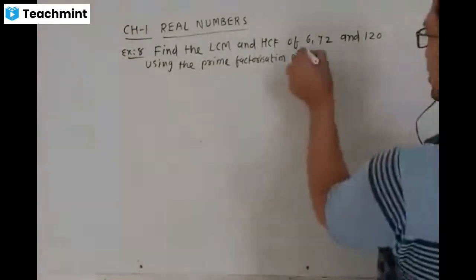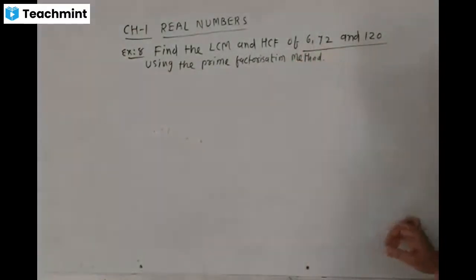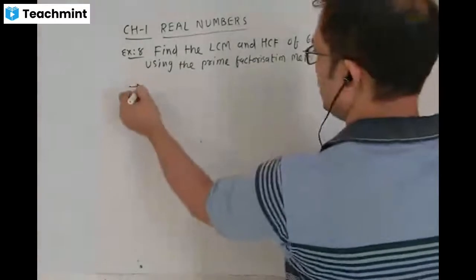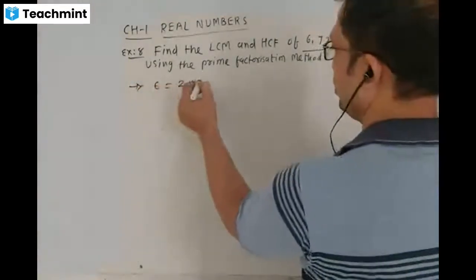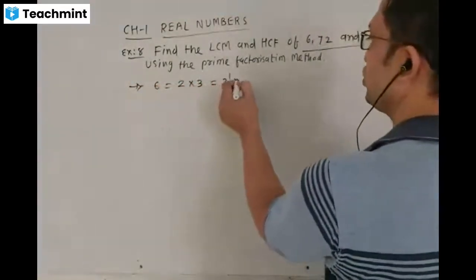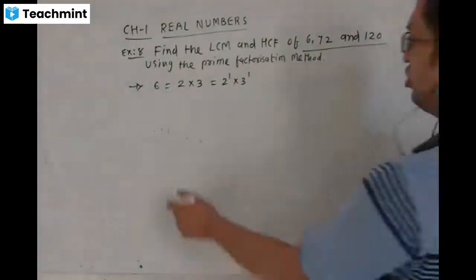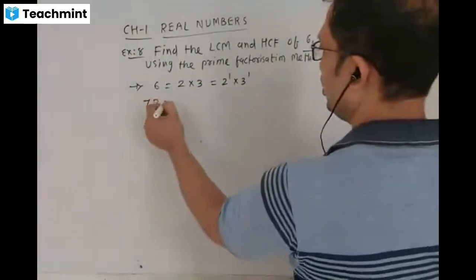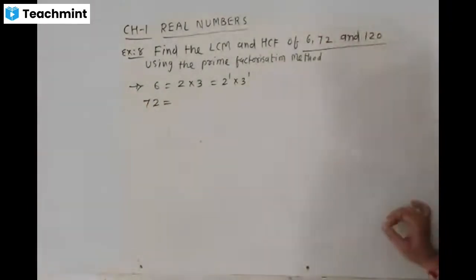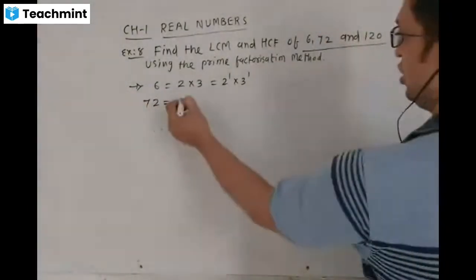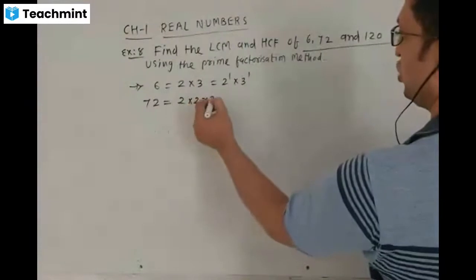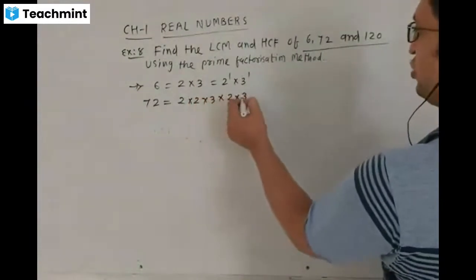The numbers are 6, 72 and 120. Prime factor of 6 is 2 into 3, that is 2 raised to 1, 3 raised to 1. Prime factor of 72: 12 times 6, and the factors are 2 into 2 into 3 and 2 into 3.